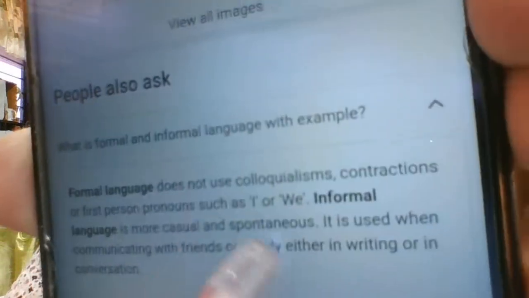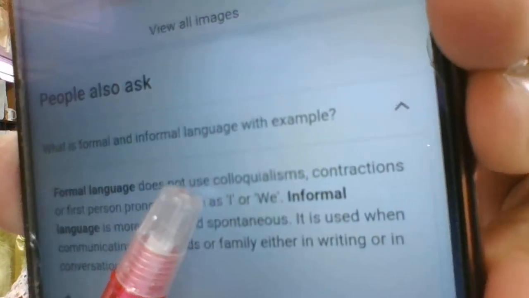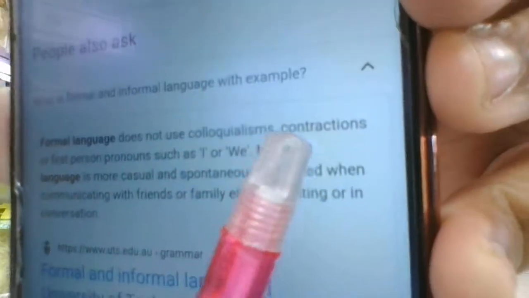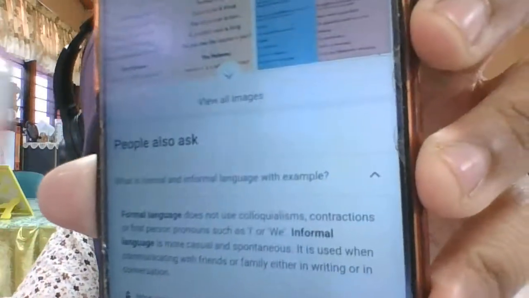Colloquial is bahasa pasar, or bahasa singkatan. Contractions, tidak menggunakan bahasa pasar. We learned contractions before. You still remember what is contractions? Contraction is singkatan, kata singkatan.